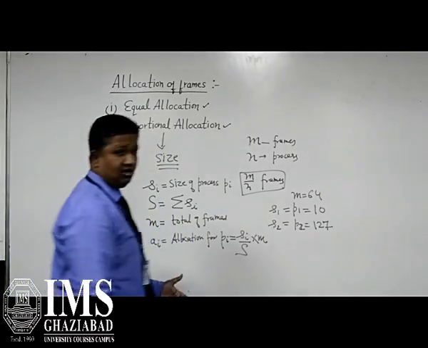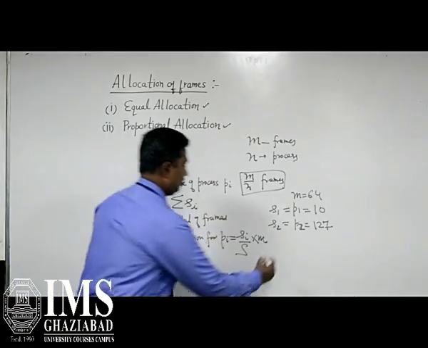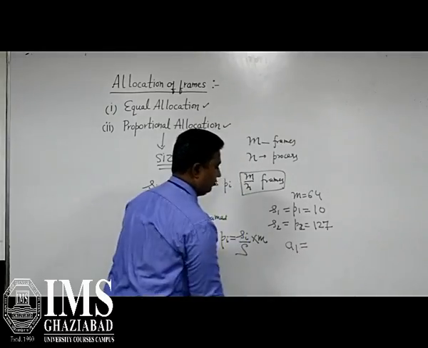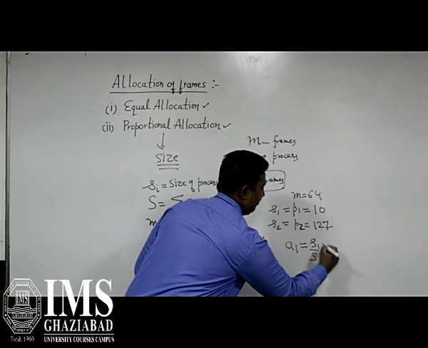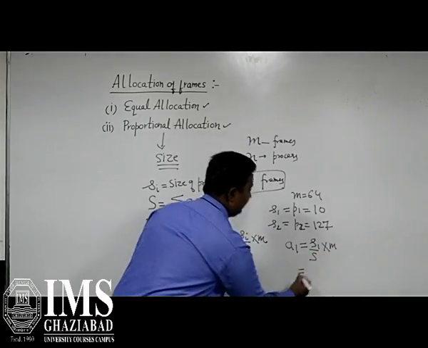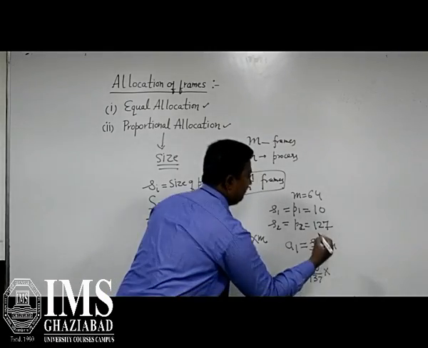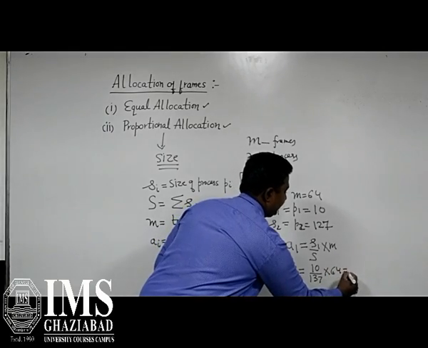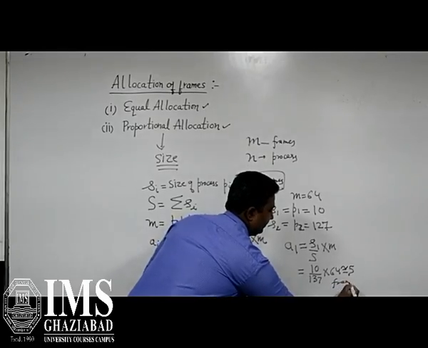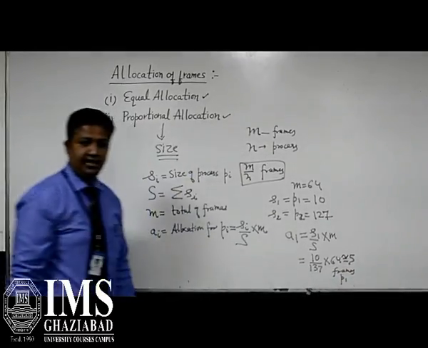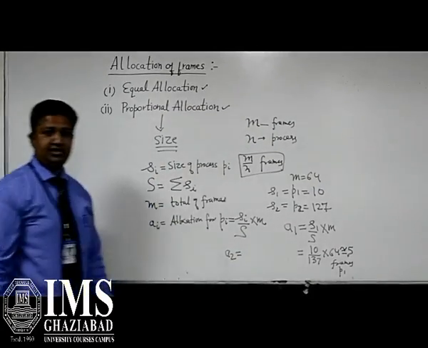Then we have to calculate the allocation for P1 and for P2. The allocation for process P1 is S1 divided by capital S multiplied by M, so this is 10 divided by 137 multiplied by 64. This is nearly 5 frames for process P1.